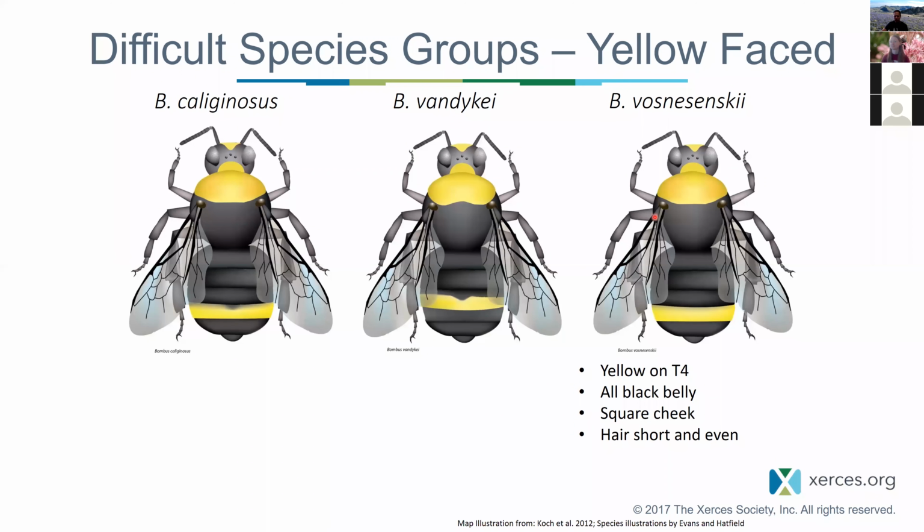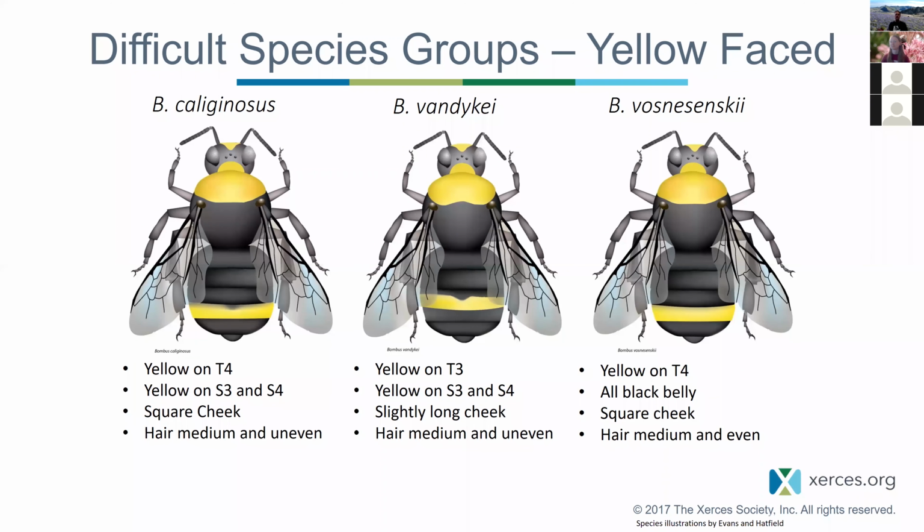It has shorter, even hair, and it has an all black belly. So all of those sternal segments have black hairs on them. There are no yellow hairs on the underside of its abdomen. And again, that's why I need that photo of the underside of the abdomen. So that's the difficult species group of the yellow-faced, yellow-striped bees.